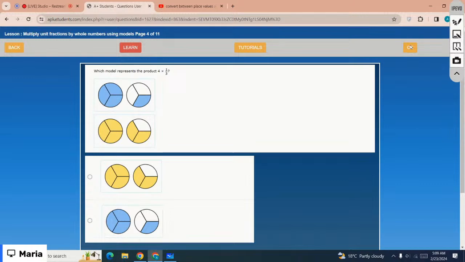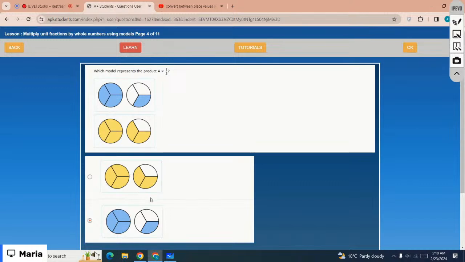So the correct option is the one that has 4 portions colored out of 3. That is the second one, right? You can see 1, 2, 3, 4 portions are colored and each shape has 3 portions, right? That is the second one. Got it? The second one is the correct option.